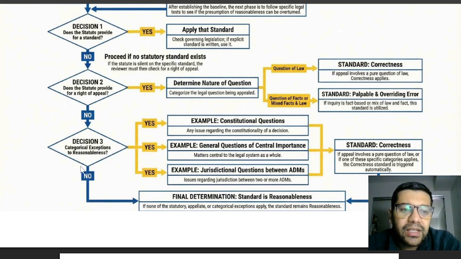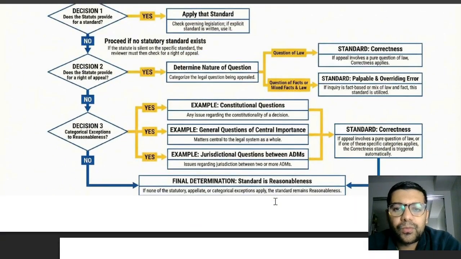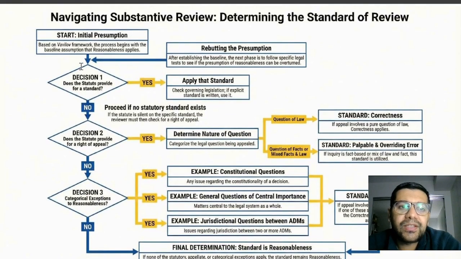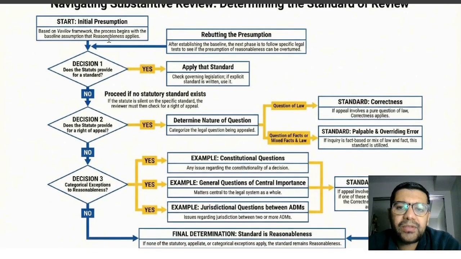And the last, if it's not about any of these, then the final determination is the standard of reasonableness. So if nothing out of these, then as we started with the presumption of reasonableness, this will end with reasonableness.